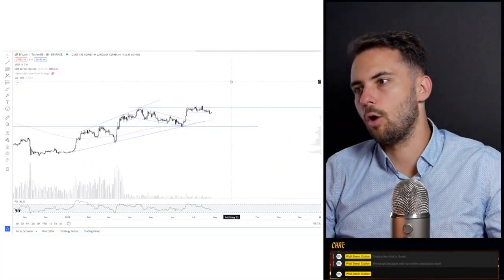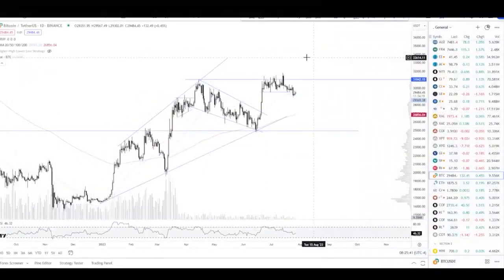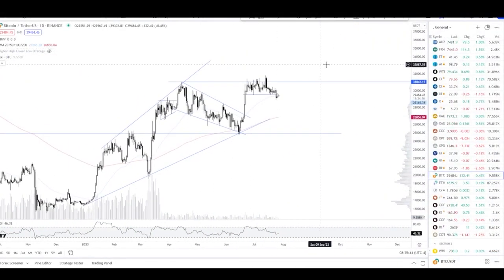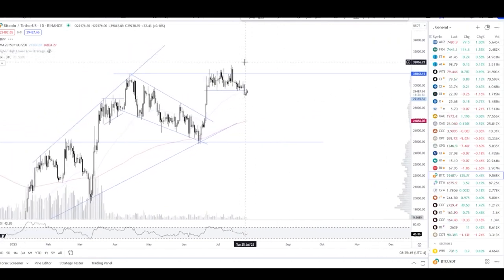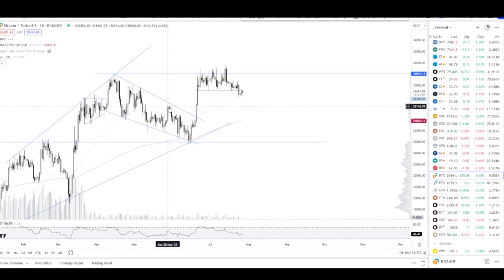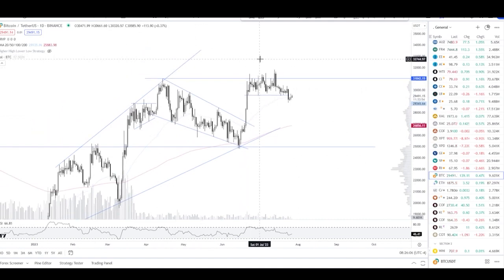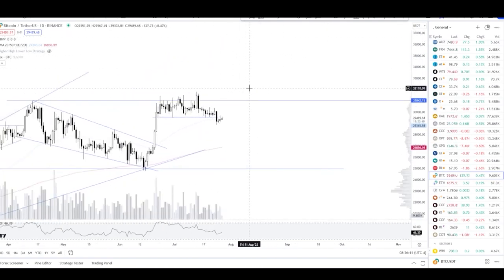Let's study Bitcoin to USDT. Right here you have a chart that I have made, with horizontal lines as well as diagonal ones. I believe horizontal lines are more significant than the diagonal, so we may skip those diagonal lines and go back to the horizontal ones.